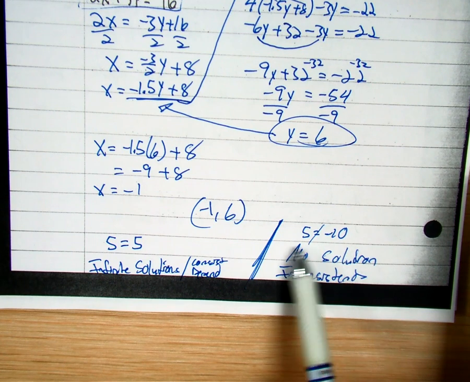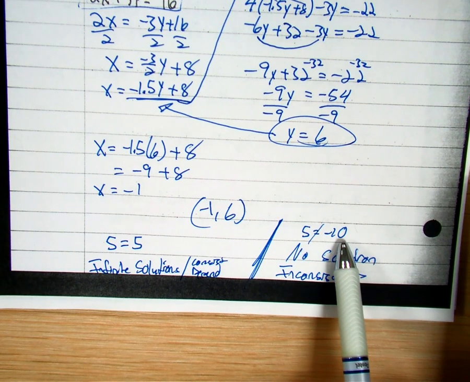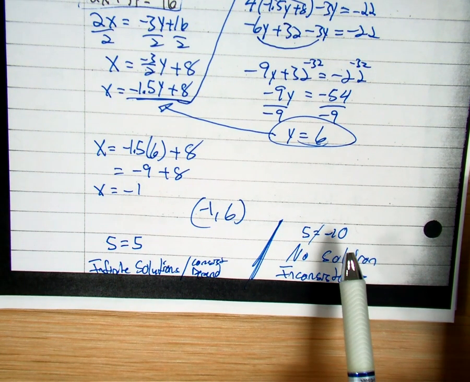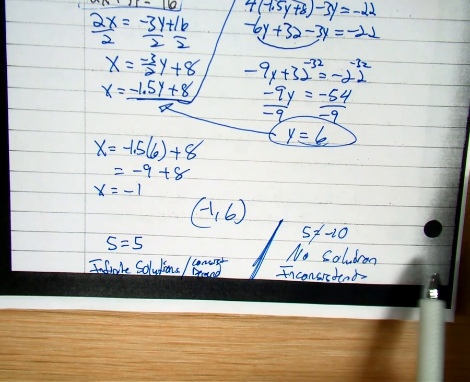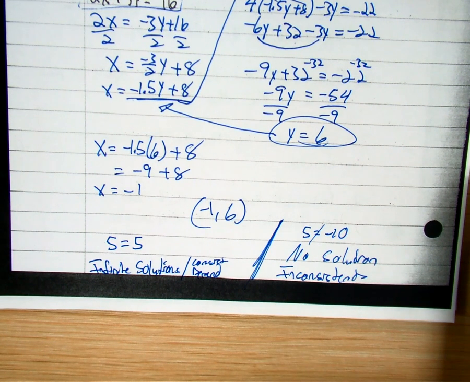If everything cancels out and you're left with a not true statement, like 5 equals negative 10, 0 equals 11, something that doesn't make sense, that isn't true, that would be no solution possible or inconsistent. And again, I don't think that happens during this next homework, but it might happen a couple times on the section, or the day 3 homework with solving by elimination, but not as much with substitution.